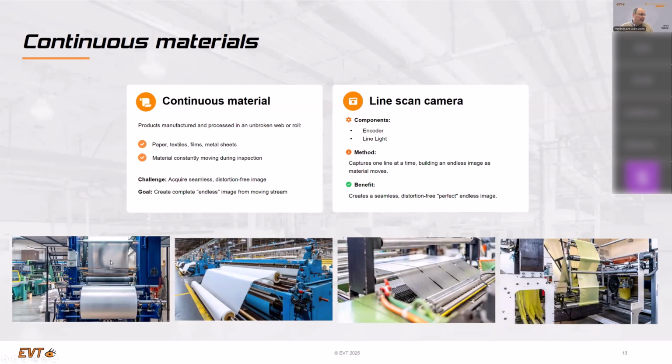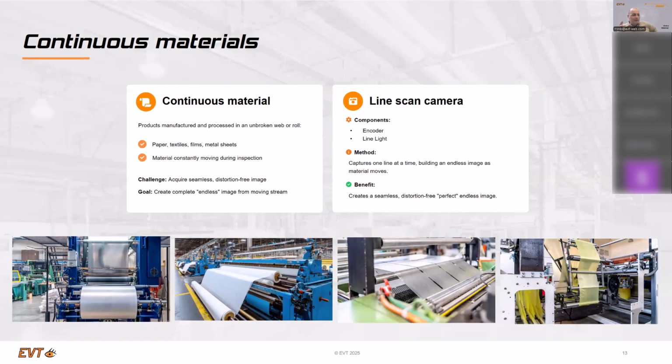If you have endless material like foils, metal, plastic, or woven stuff, or fabric, of course, you could use area scan cameras, but in most cases, a line scan camera is the right selection, because due to the process, the material never stops.